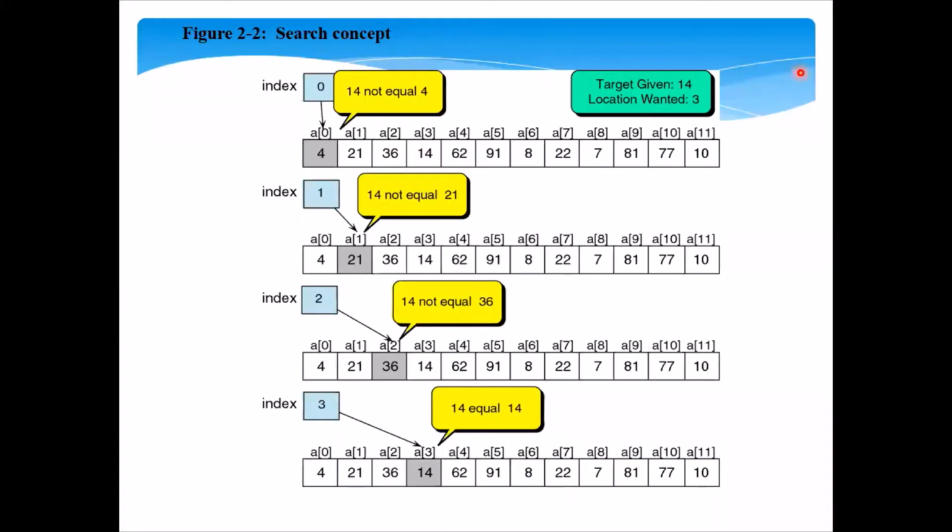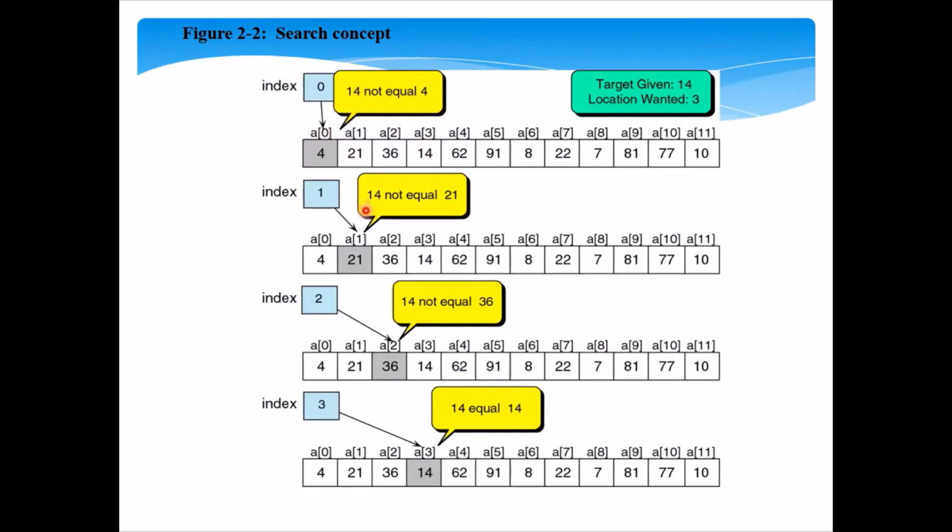As mentioned a while ago, sequential searching starts at the first position or index 0, and we are looking for the element 14. If we start at position 0, we compare the element at the first position to see whether it is equal to 14.